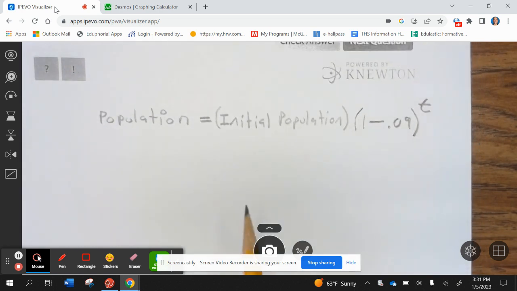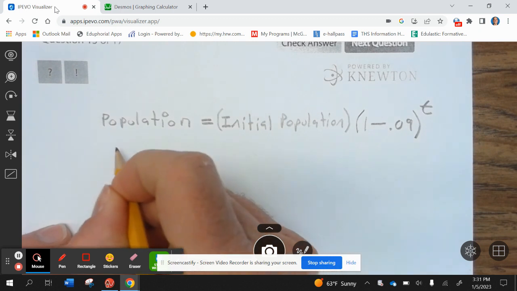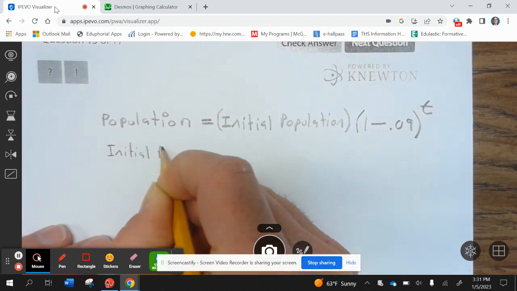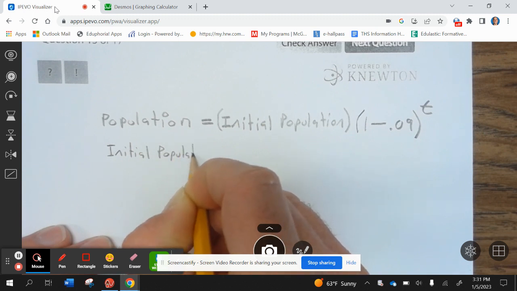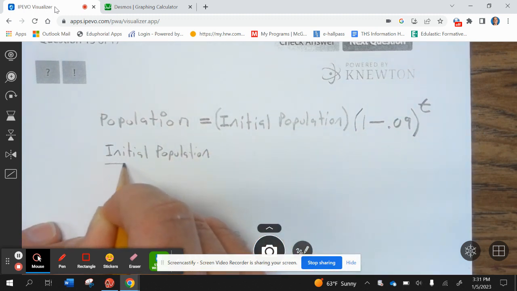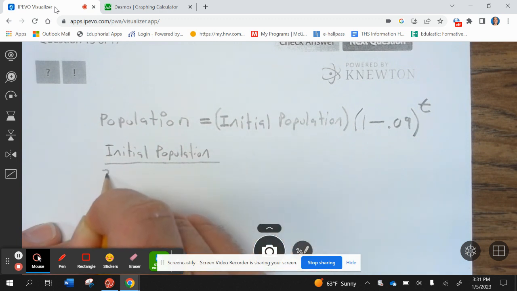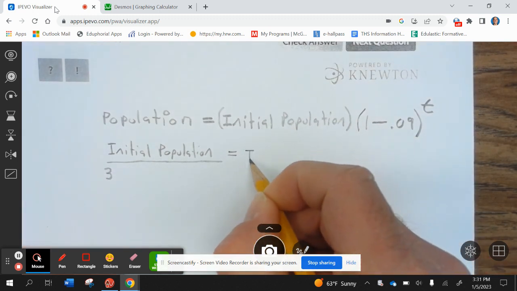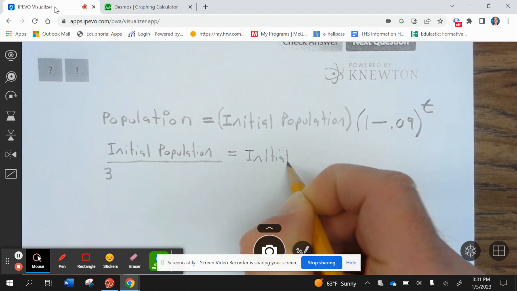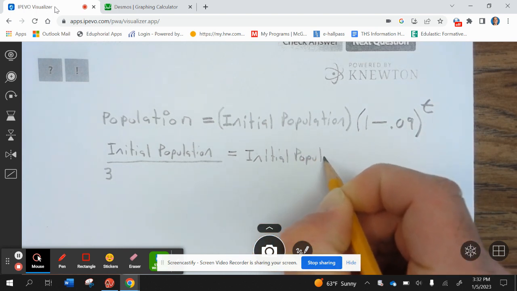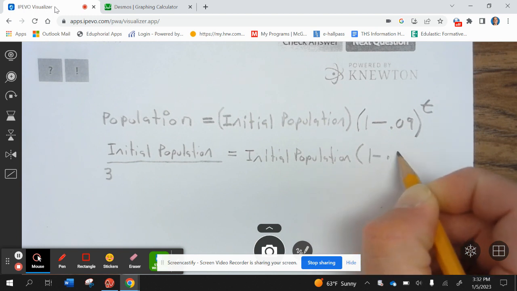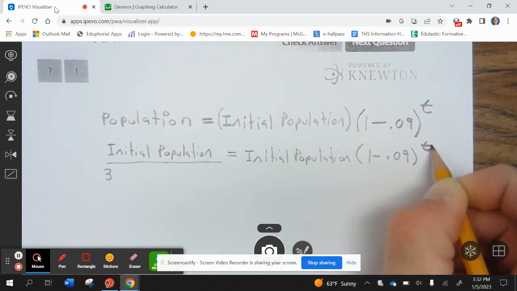But what we want to know is when the population is 1/3. So we want to know when the initial population divided by 3 is equal to the initial population times (1 minus 0.09) to the t.